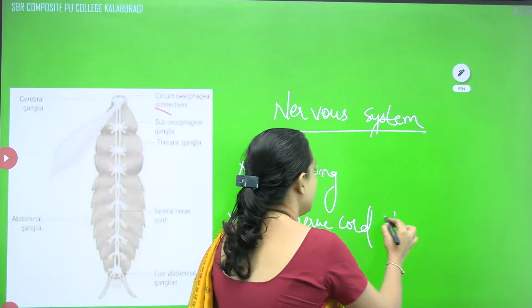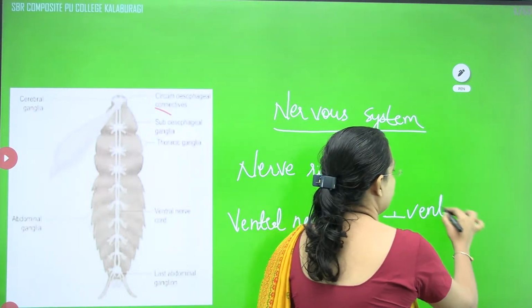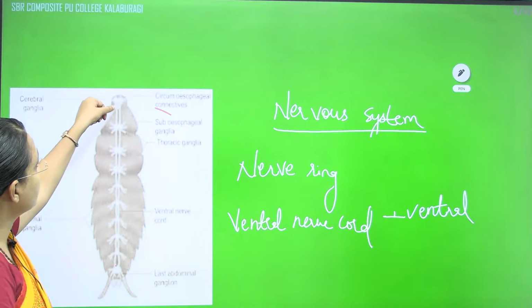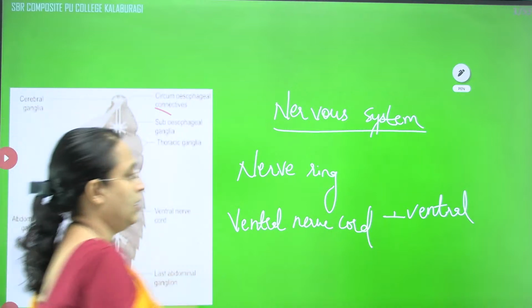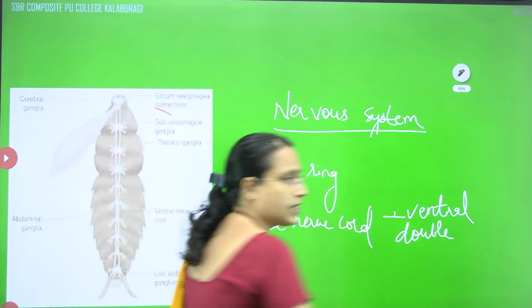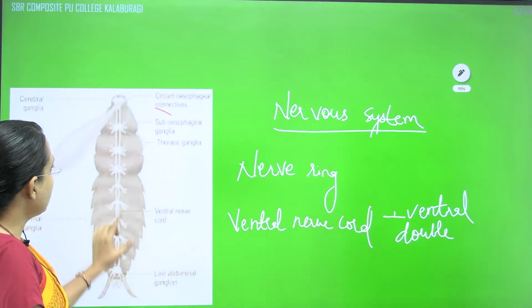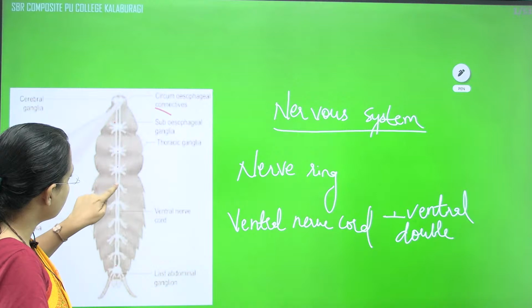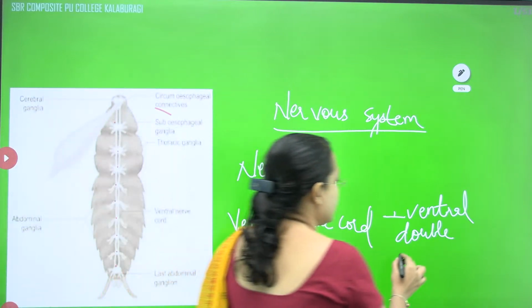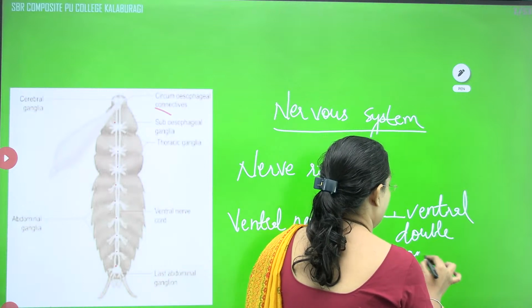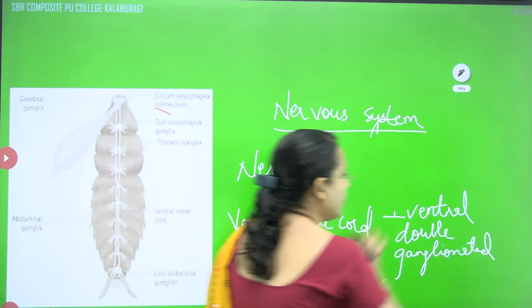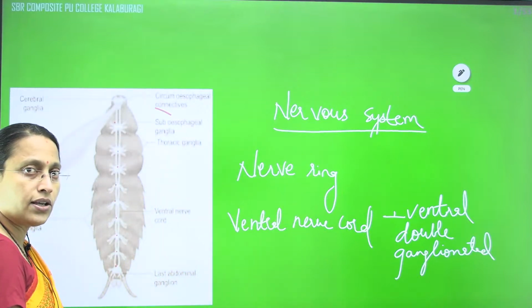The nerve cord is ventral in position, as the name indicates. As you can see, there are two in number, so it is double. So the nerve cord is ventral and double. And it is not just the nerves, the ganglions are also present, so it is called a ganglionated nerve cord.